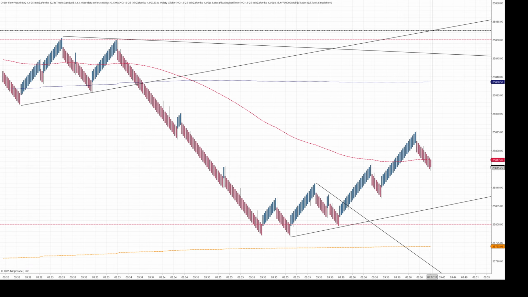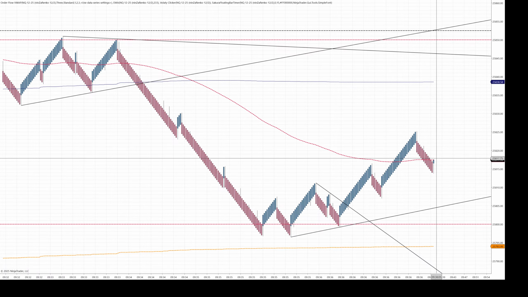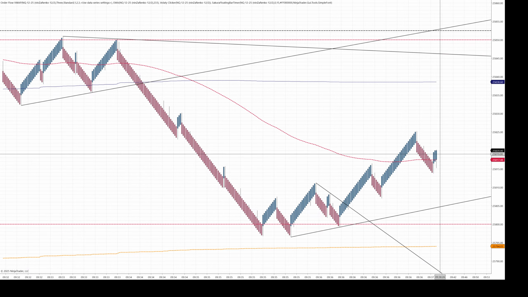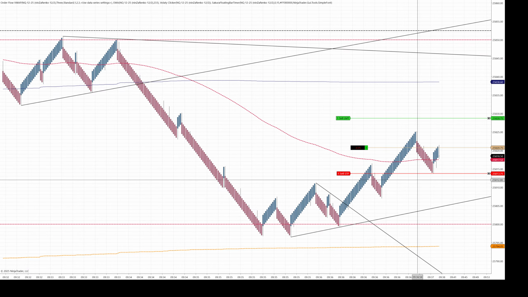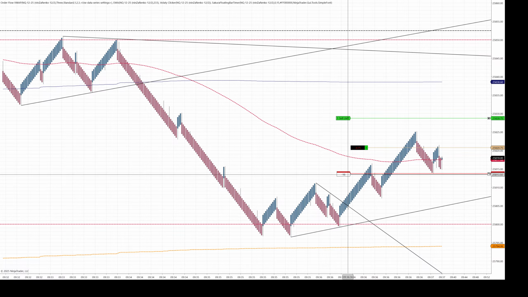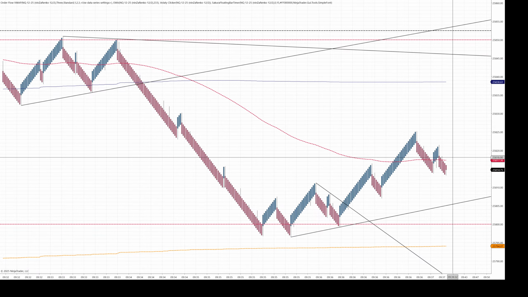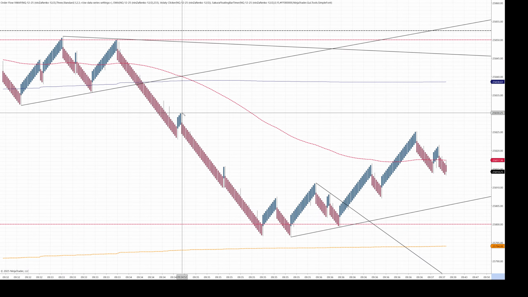And now I would be taking it to the upside if we can get another candle here to go back up. All right, so we're in. All right, that was another stop loss, unfortunately.